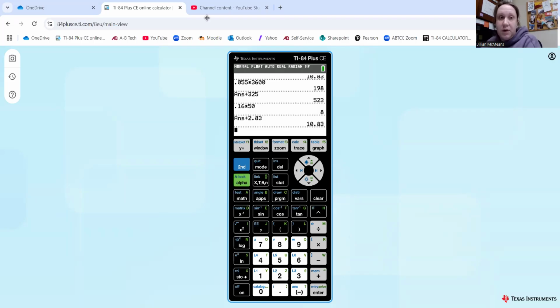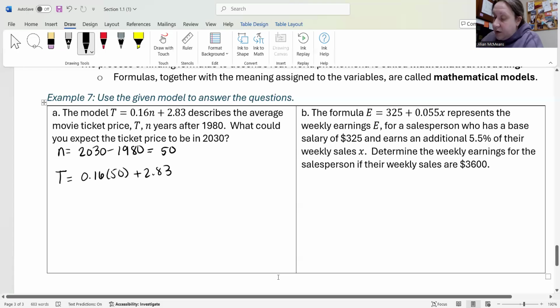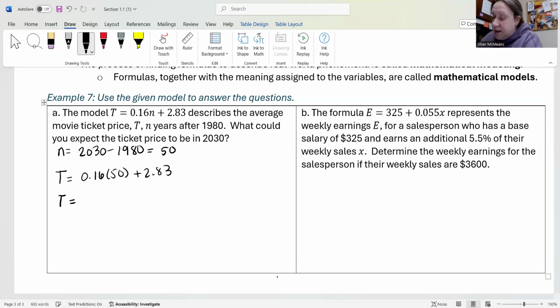So let's go back to the regular screen. When we went to the calculator, we found that 0.16 times 50 was 8. To that, we add 2.83. So we would get that the average ticket price in 2030 could be expected to be around $10.83. Again, this is an estimation at best, likely an underestimation because I suspect the ticket price will probably be more than that in 2030.